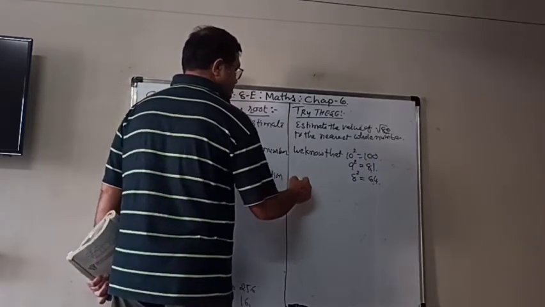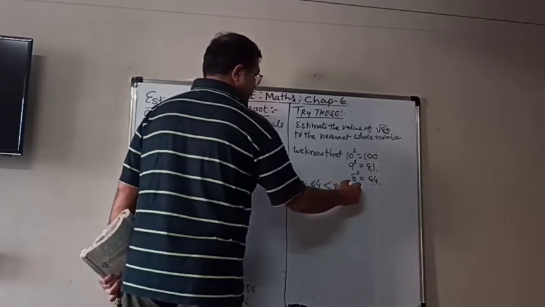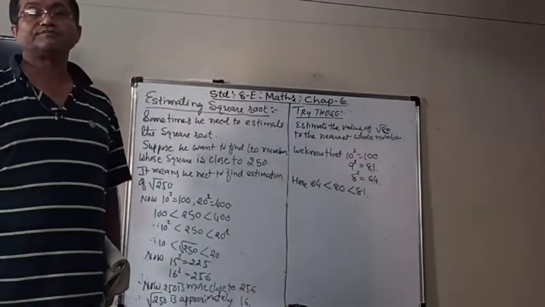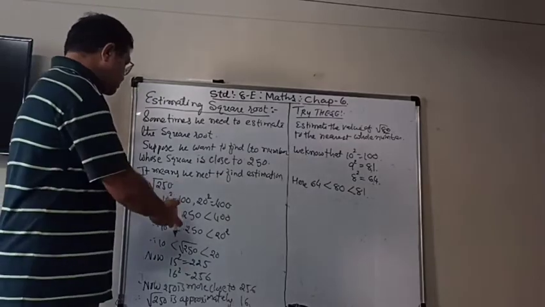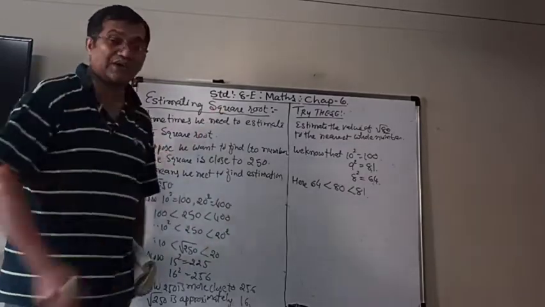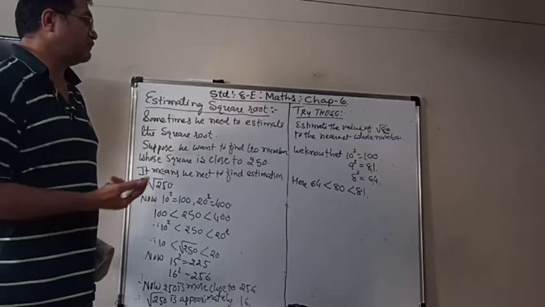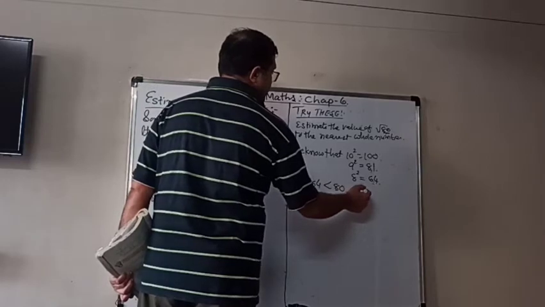So here 64 is less than 80 and 80 is less than 81. Because here the margin is very small. Earlier we saw that the margin was big, 10 and 20. But here it is not big. Therefore we took that 64 is less than 80 and less than 81.